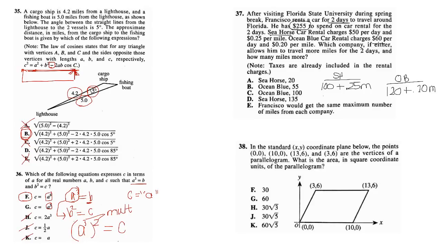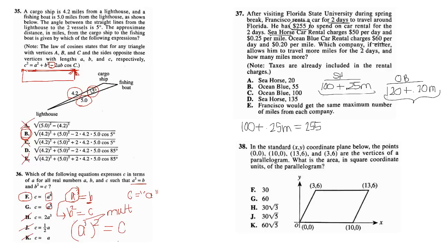So this is the total amount he spent here and here. So let's set both equations. We're going to set those equal to how much he's allowed to spend. That's going to be 100 plus 0.25 m equals 255. And we need to solve that for m.